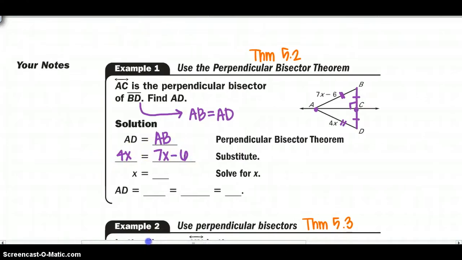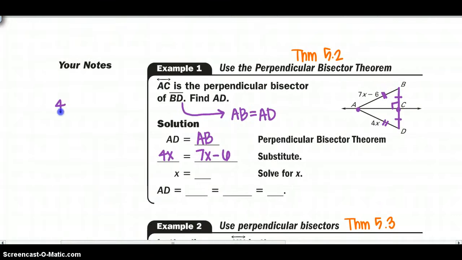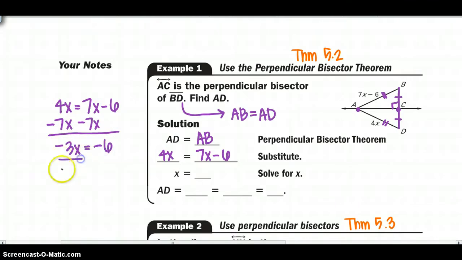Subtracting 7x over to solve this equation algebraically, negative 3x equals negative 6. Dividing by negative 3, x equals 2.